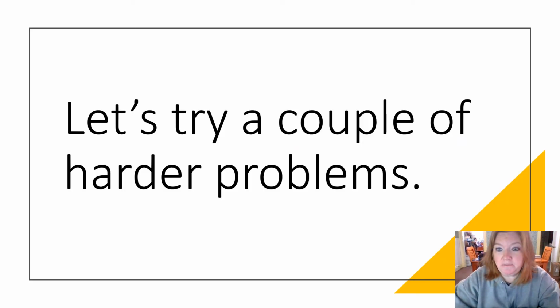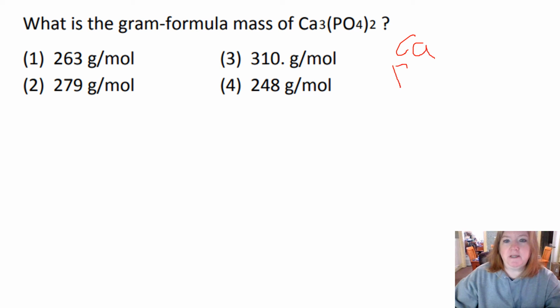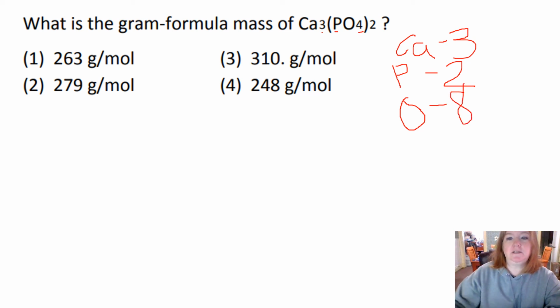Okay, let's try a couple of harder problems. So what is the gram formula mass of, yikes, this whole thing? Well, I can tell you just at quick glance, I have calcium, phosphorus, and oxygen. Calcium, I have 3 of them. Phosphorus, 1 inside, but I have to multiply it by 2, so I have 2. Oxygen, 4 inside, but I have to multiply it by this 2, so I have 8.